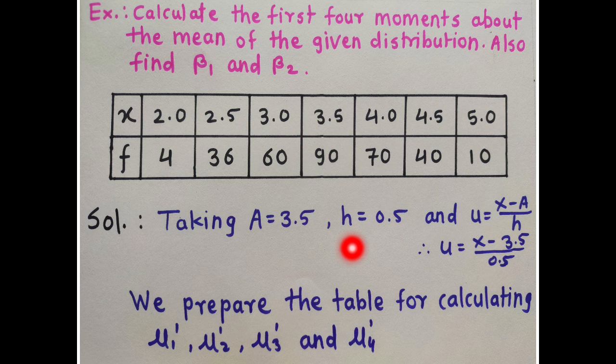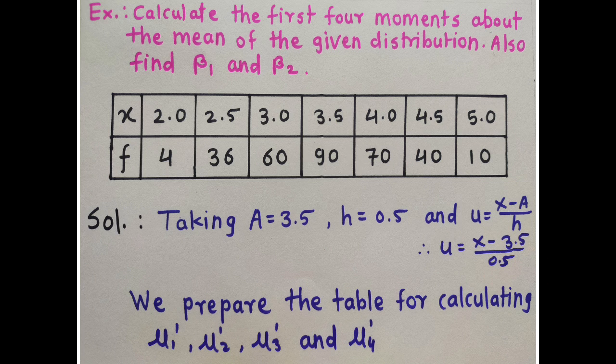So here class width h is equal to 0.5 and u is equal to (x minus a) upon h, where a is 3.5 and h is 0.5. So u is equal to (x minus 3.5) upon 0.5.